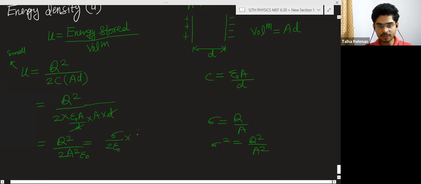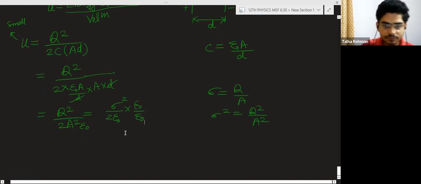Now I am multiplying epsilon naught in numerator and denominator. So I will get u equal to sigma square divided by 2 epsilon naught square into epsilon naught.